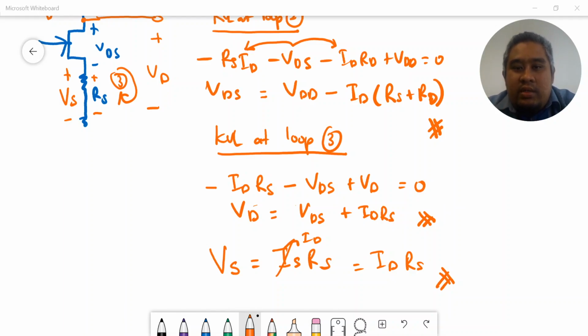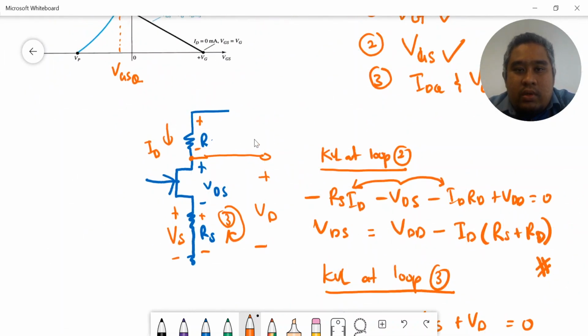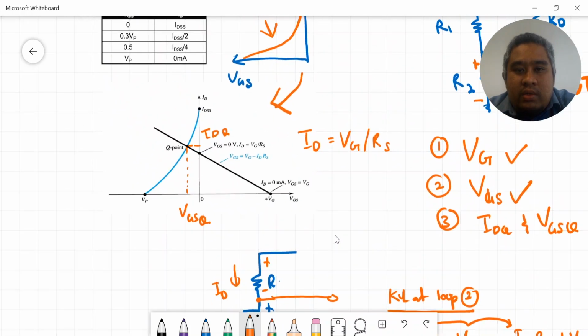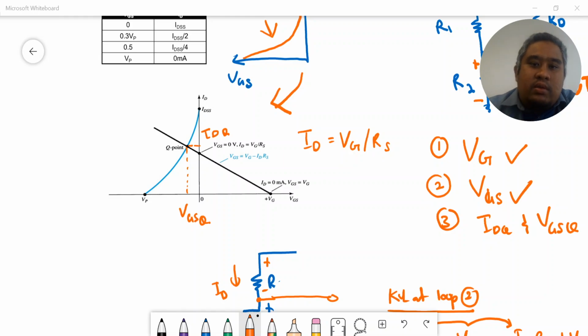Alright, settle for voltage divider bias. The first thing is you have to remember how to find the ID and VGSQ by using this transfer characteristic curve.